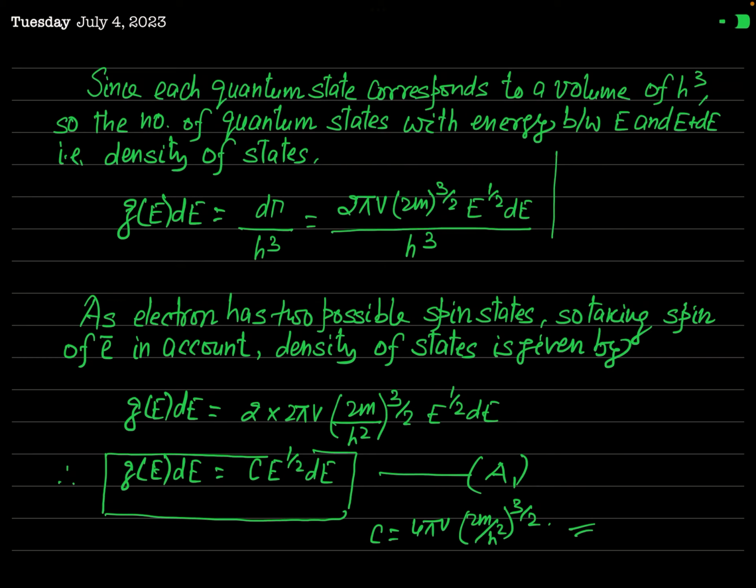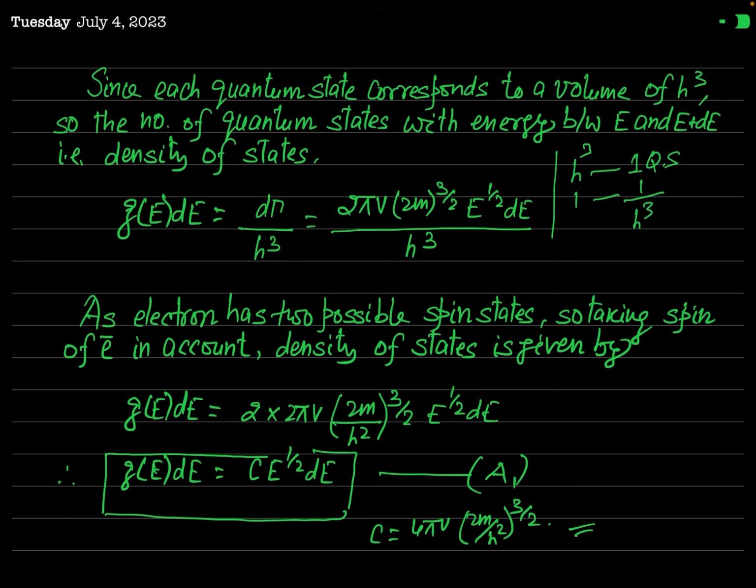Now, you have studied at various places that h cube volume, where h is Planck's constant, corresponds to one quantum state, Qs for quantum state. So you can say that in h cube volume, the number of quantum states is 1. So in unit volume, the number of quantum states will be 1 by h cube.